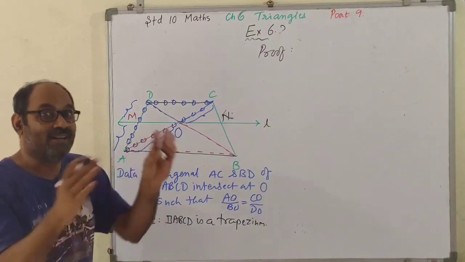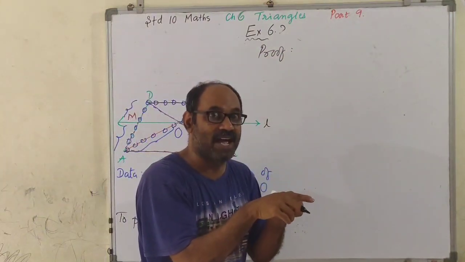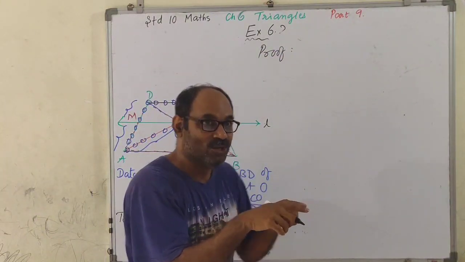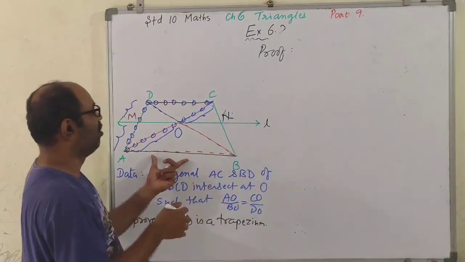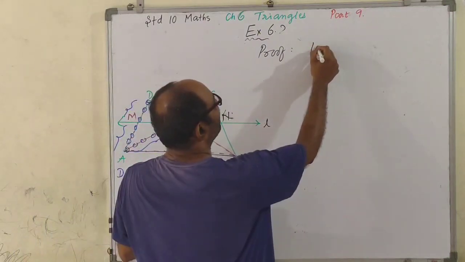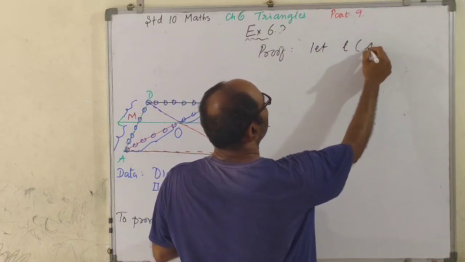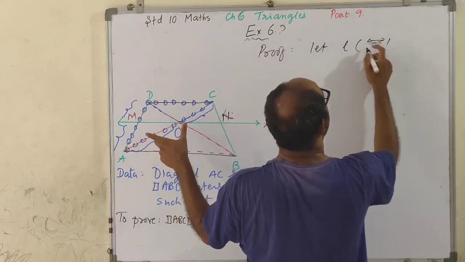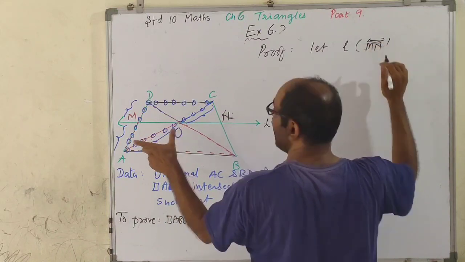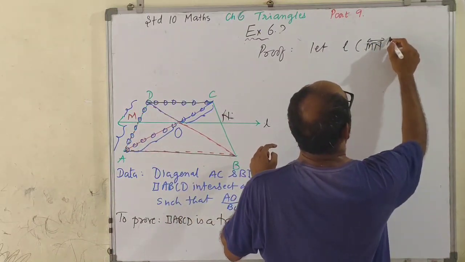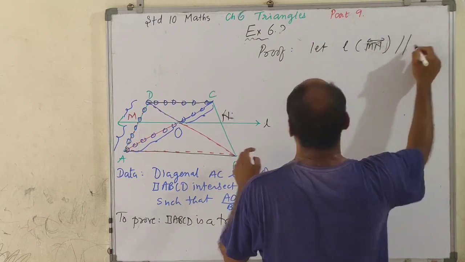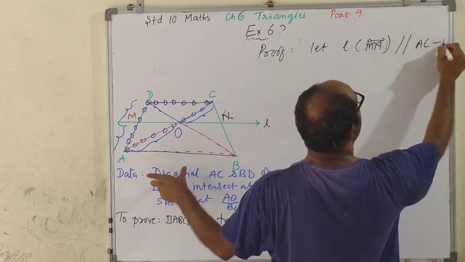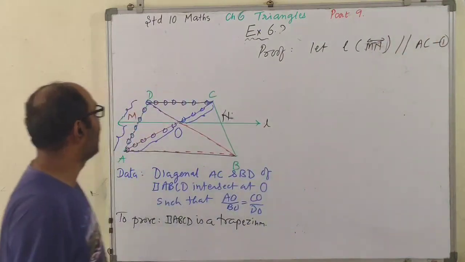I told you that the situation is not there where you can use theorem 6.2. So you need one line parallel to AB. Let line MN, that is L, be parallel to AB, and I am going to call it result number 1.